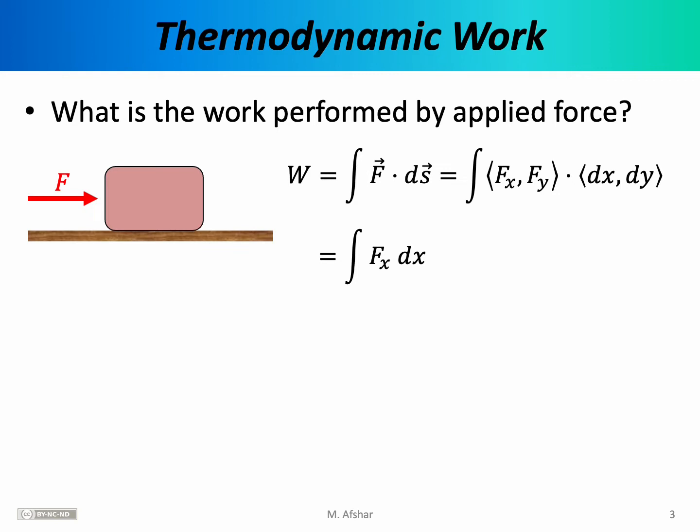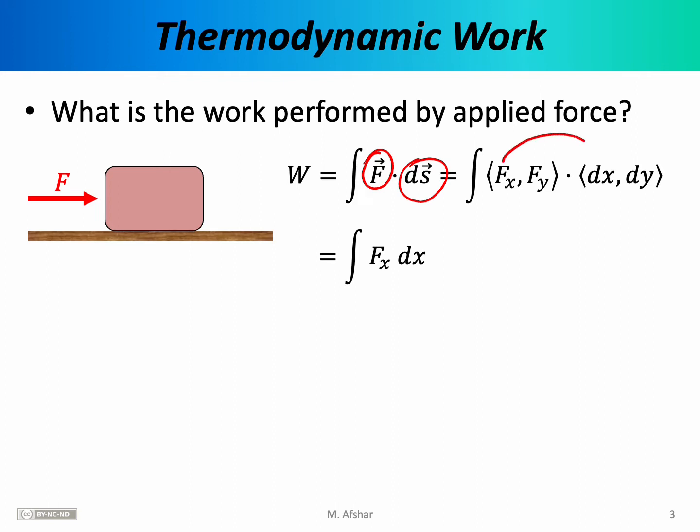This formula accounts for the fact that the force might be a variable force, so its magnitude and its direction might change, and it also accounts for the fact that the displacement might not be just in the x direction. We do need to calculate the dot product between these two vectors, so we should first write out the vectors in terms of their components and then calculate the dot product.